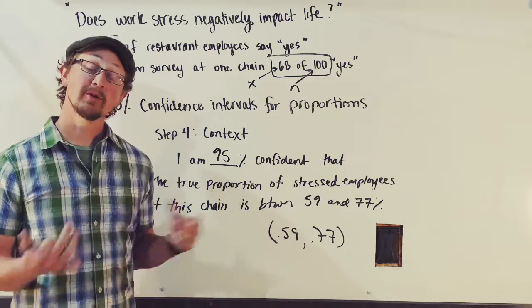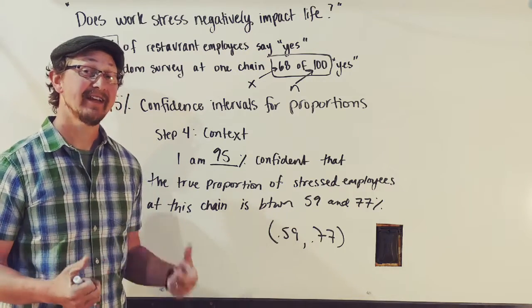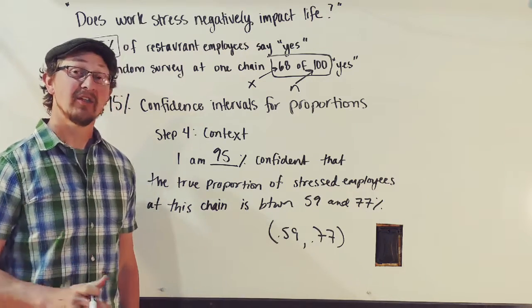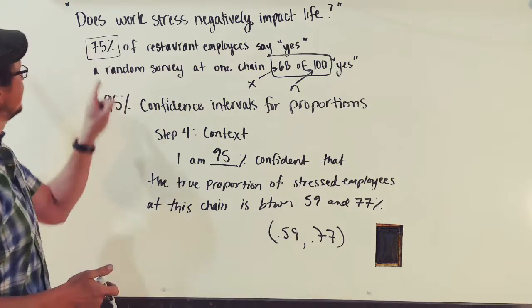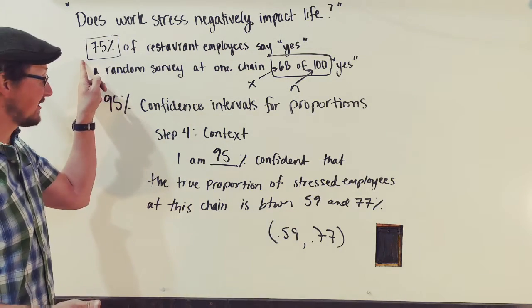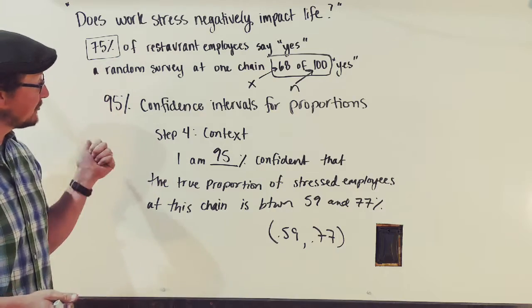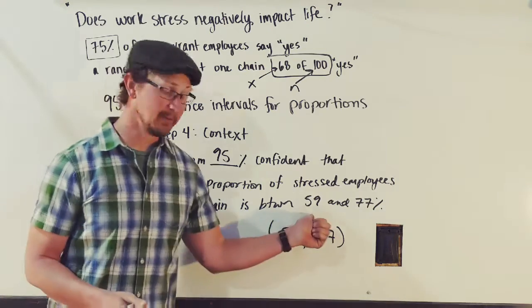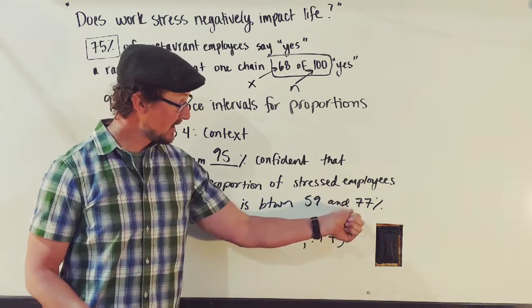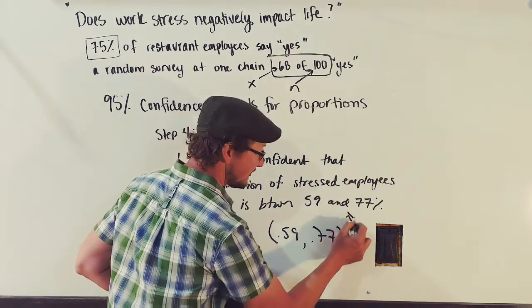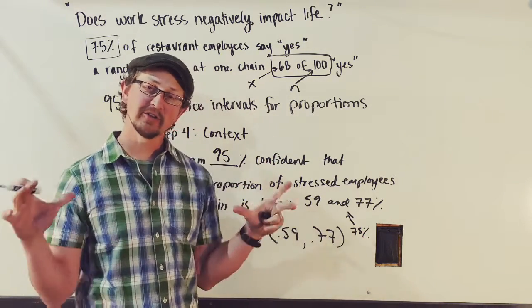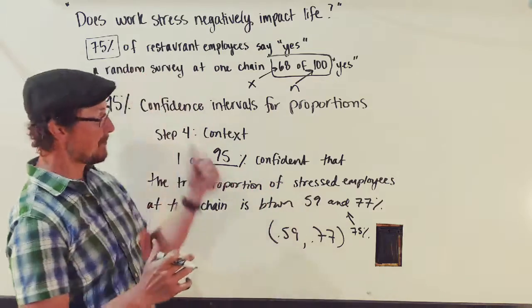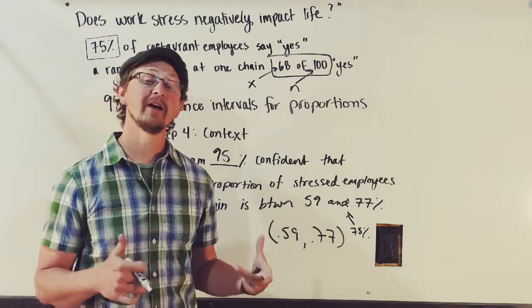In our previous video, we did a hypothesis test to see whether or not this particular chain was less than my null hypothesis of 75%. Well, my confidence interval confirms that 75% is within that. If your confidence interval captures your null hypothesis, then you're going to fail to reject.